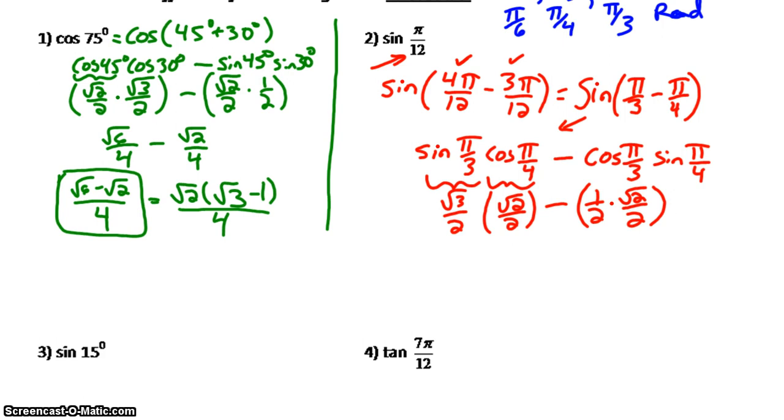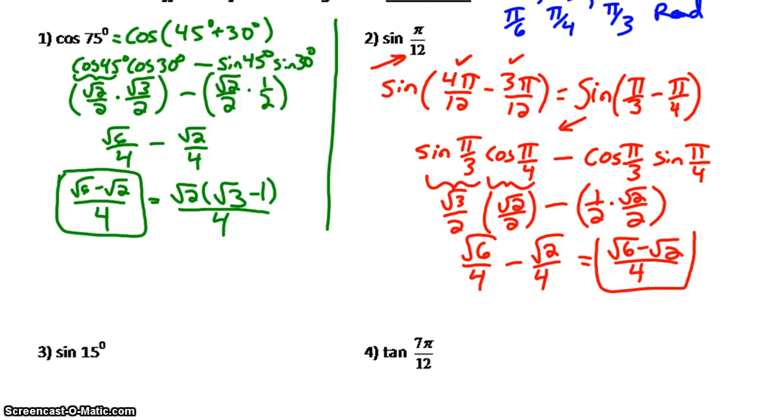Now, just a quick summary, we're going to see that we have a square root 6 over 4 minus, again, a radical 2 over 4, and we're going to make it a combined fraction of radical 6 minus radical 2 over 4. Now it might seem like we're always supposed to get that for an answer with these problems, but that simply is not the case.